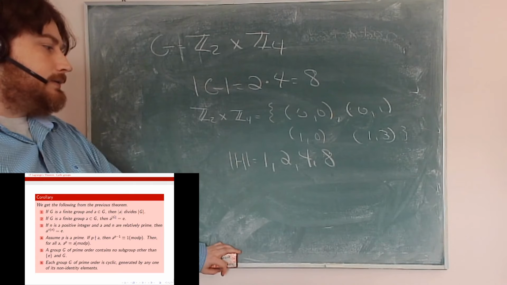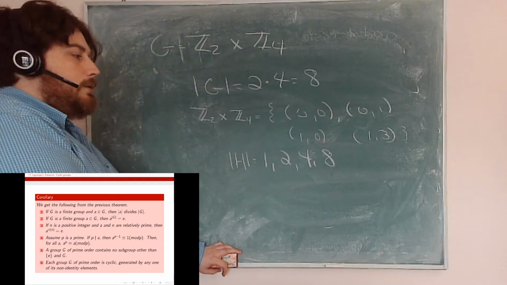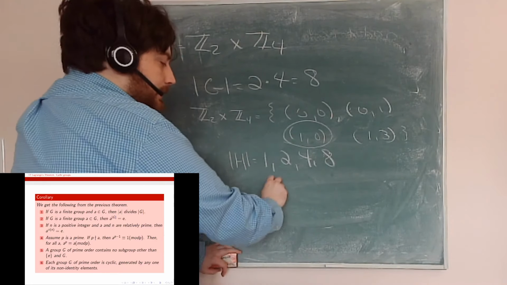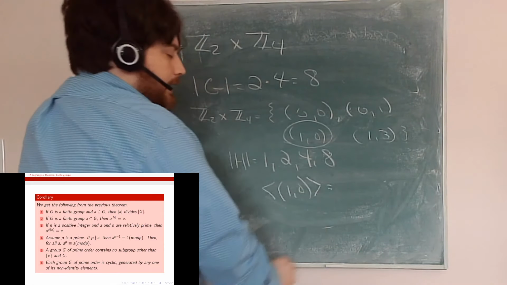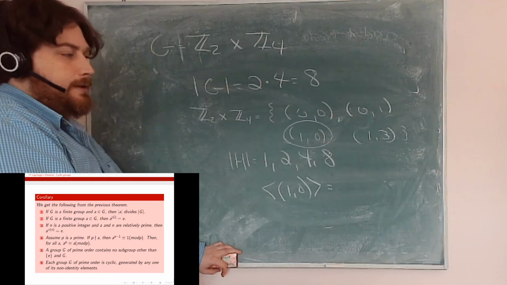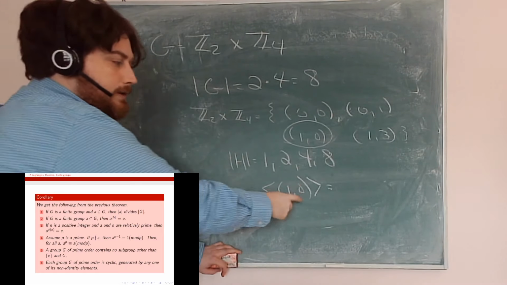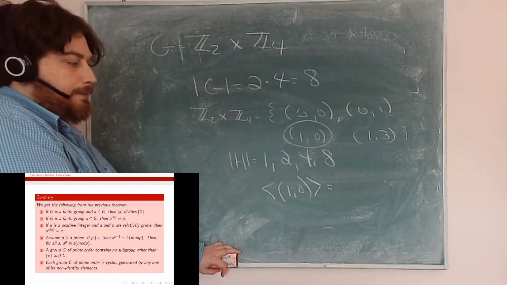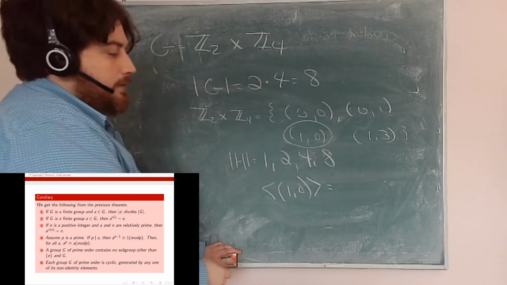All right. Now, taking that a step further, if I find a group generated by any one of these elements, so let's find the group generated by (1,0), what's going to happen is that I'm going to get a subgroup of this group because this is the group generated by this element. Therefore, this has to have either cardinality 1, 2, 4, or 8.